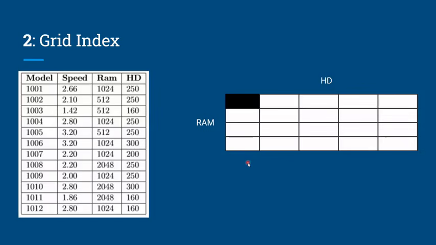So how many columns and how many rows would we have in such a table, in this data structure, a grid index? That depends on the number of unique values in our original data table, in the RAM part, as well as in the HD column. So if we take a look here, we'd have 3 unique values.